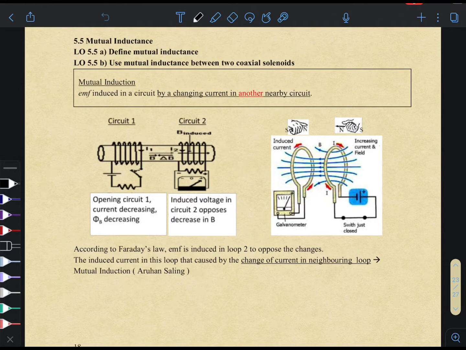another circuit. Before this we have looked at self-inductance, where you have a power supply, a variable resistance, and then your solenoid. Kita akan induce EMF dalam diri dia sendiri. You induce the EMF in the circuit itself when you vary the resistance.